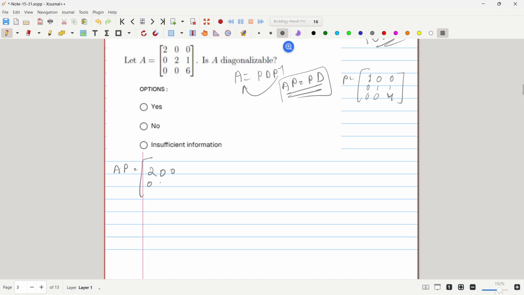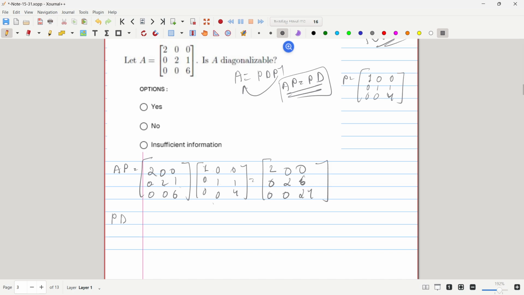A is 2, 0, 0, 0, 2, 1 and 0, 0, 6. P is 1, 0, 0, 0, 1, 0 and 0, 1, 4. Now multiplying, we get 2, 0, 0, 0, 2, 0, and 0, 0, 2 into 1 plus 4, that is 6, so 0, 0, 24. So this is our AP.